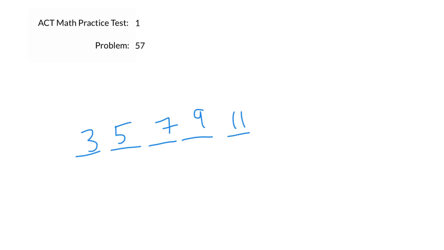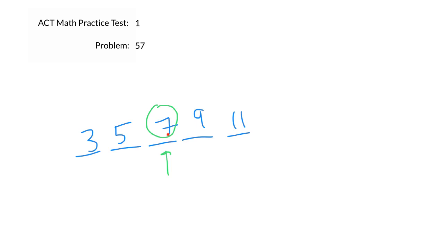Well, clearly the median would be the middle number. It would be 7. Now, I'll just tell you right now, when it comes to arithmetic sequences, the median will always equal the mean. Okay, that's not true for any list of numbers, but it's definitely true for an arithmetic sequence.